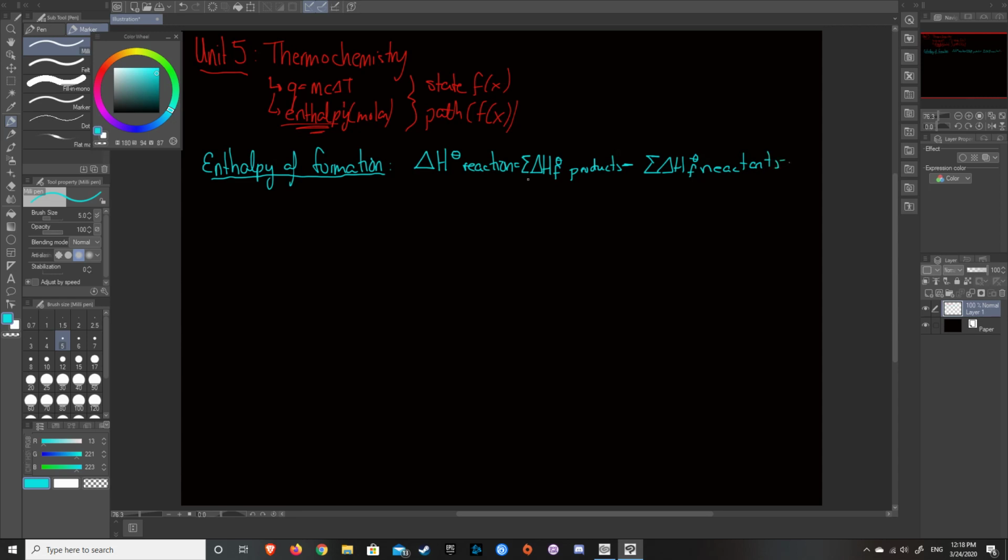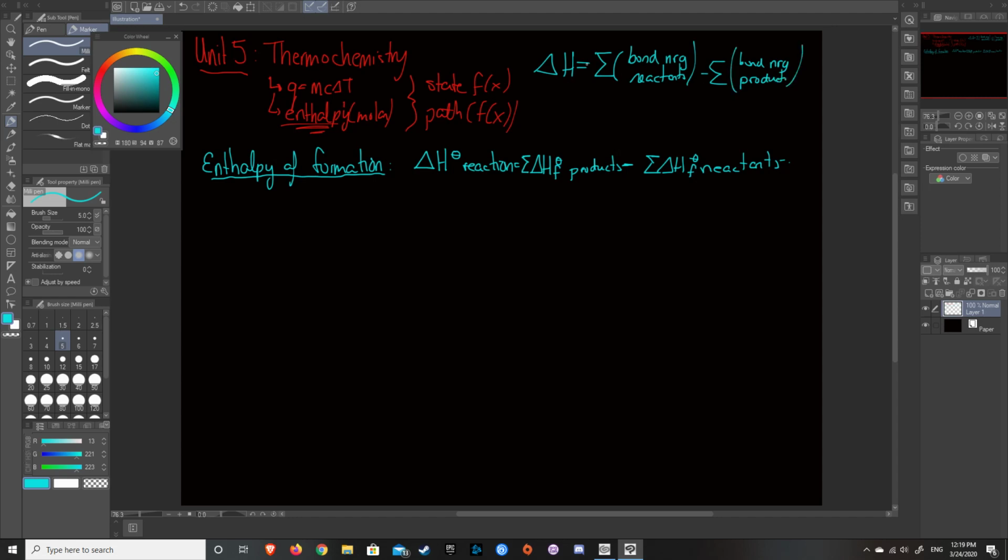So this is going to be a little bit different than previously, right? In IGCSE, we would have done delta H equals the sum of the bond energy of the reactants minus the sum of the bond energy of the products.